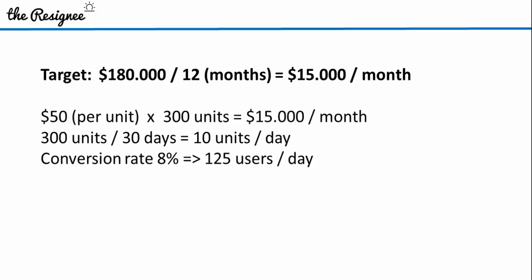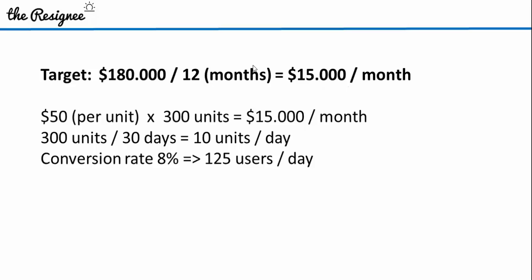Now that I brought up monetizing, let me show you the calculation behind realizing sales of $180,000 per year. 180K per year calculates back to 15K per month. Let's say you have a business in the landscape photography niche and you sell on your blog $50 tripods.